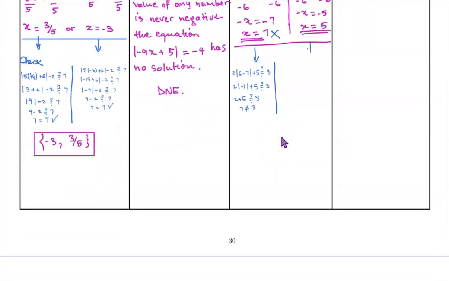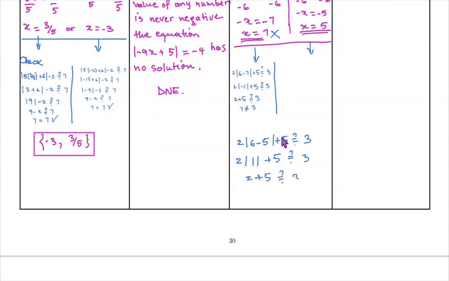So x equals 5. It would be 2 absolute value of 6 minus 5 plus 5. Is it 3? 2 absolute value of 1 plus 5. Is it 3? 2 absolute value of 1 is 1 times 2 is 2 plus 5.